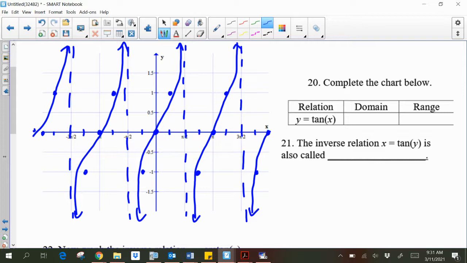So we can say that it's all real numbers except n pi over 2, where n is an odd integer. Doesn't really fit in the box.